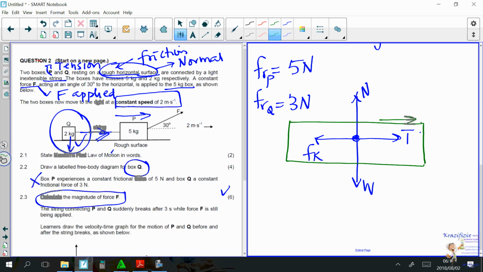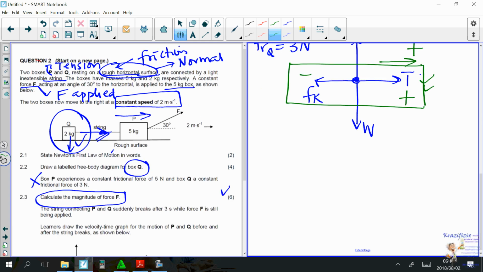Because I'm dealing with forces, I'm going to pick the direction of motion as positive, which means tension is positive and friction is what? Negative. All right, I'm dealing with horizontal movement, hence I'm dealing with horizontal what? Forces. Okay, now F net equals to MA. Let's see what we can get from here. Tension plus, because it's net, we said plus. Tension plus negative what? Friction equals to MA.